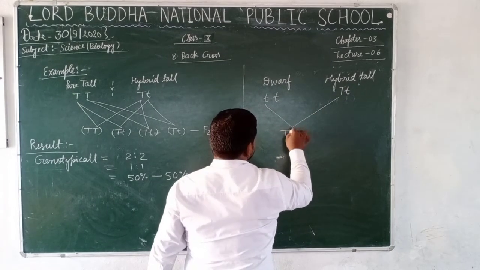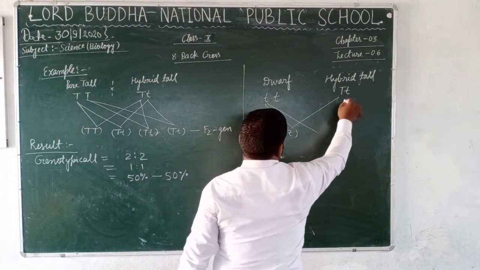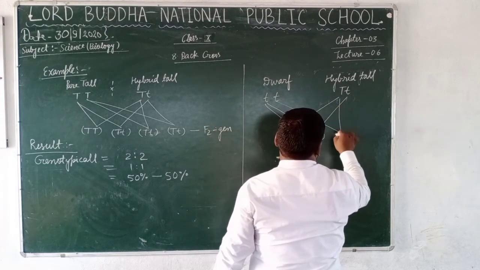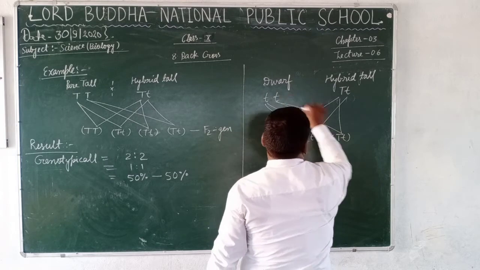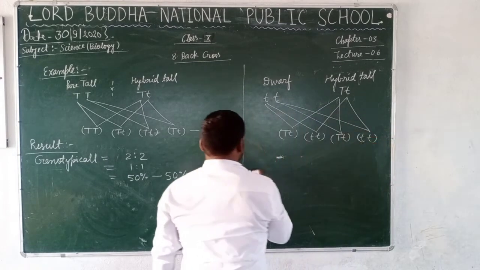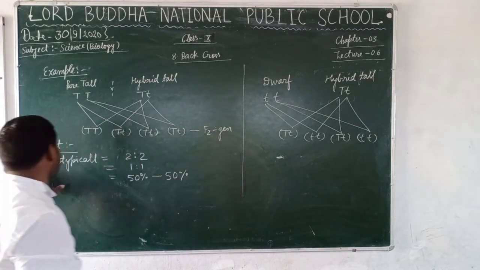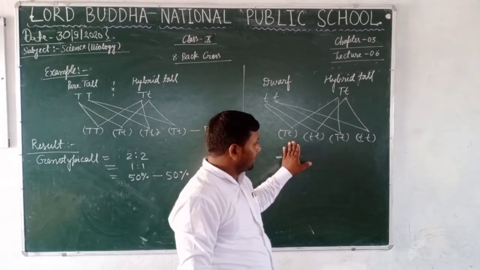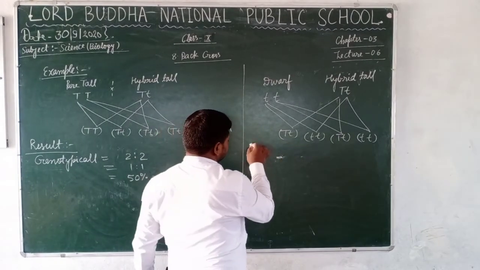The results are capital T small t, small t small t, capital T small t, and small t small t. Here also students, the same result is obtained genotypically. The two individuals are hybrid tall.